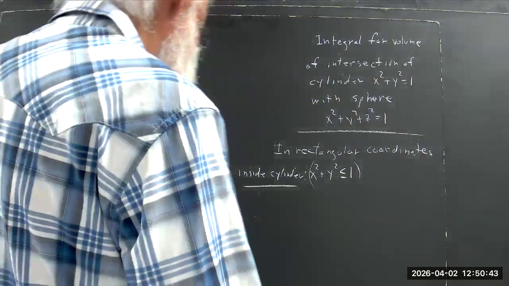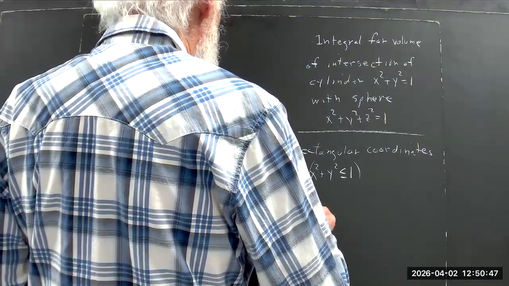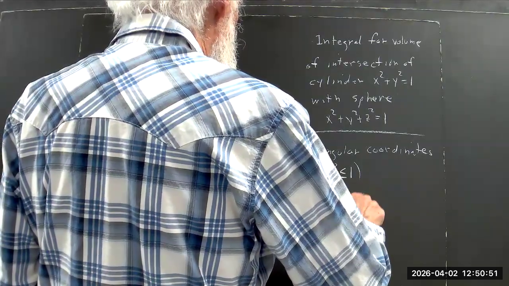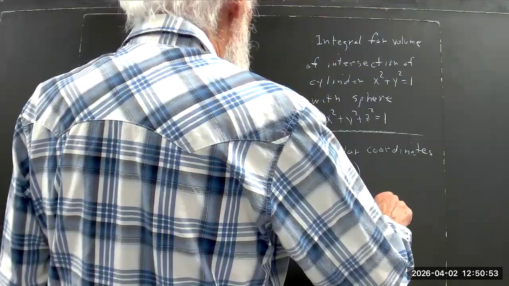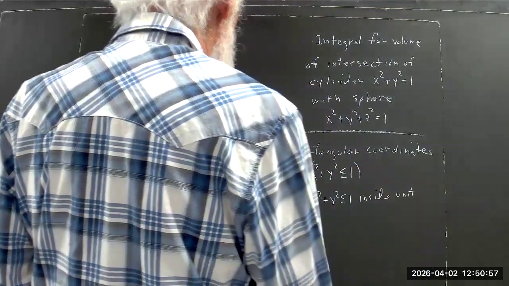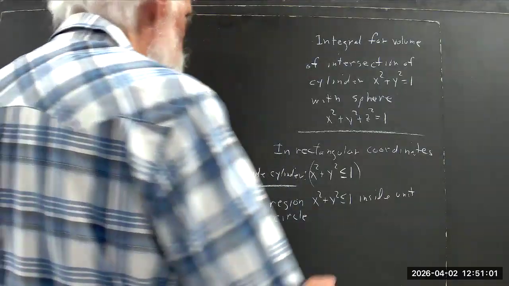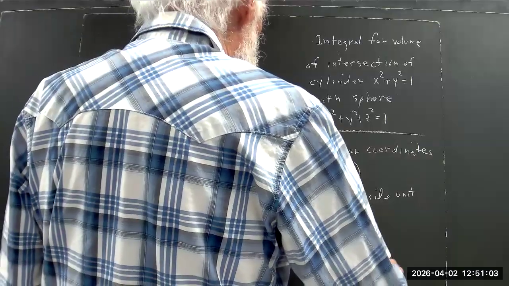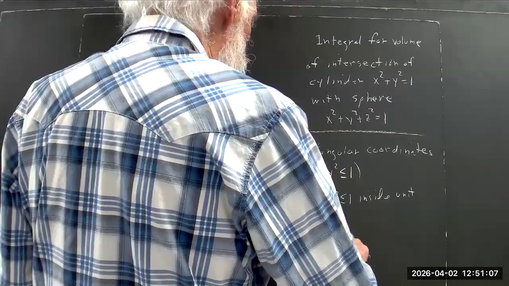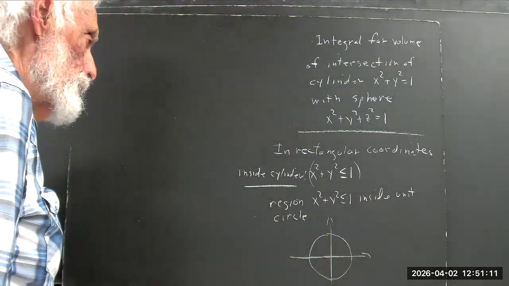Now the region is inside the unit circle. So we can just look at this region down in the xy plane. There's a circle of radius 1.